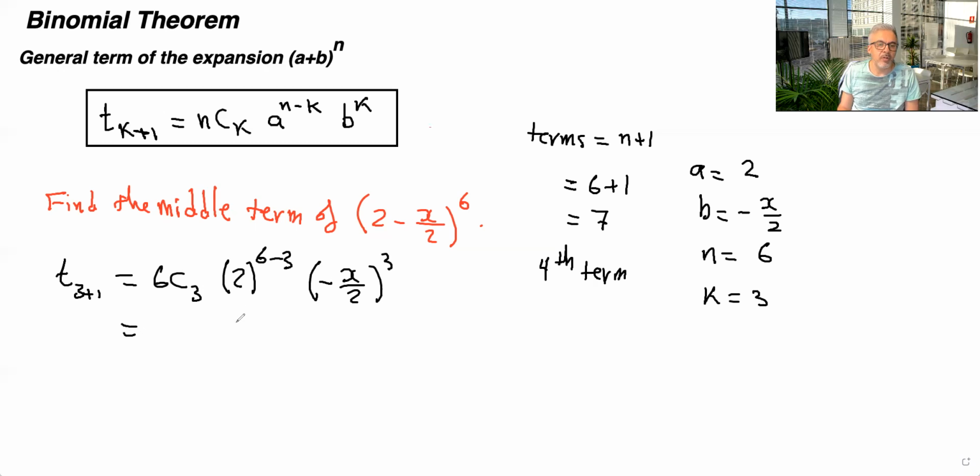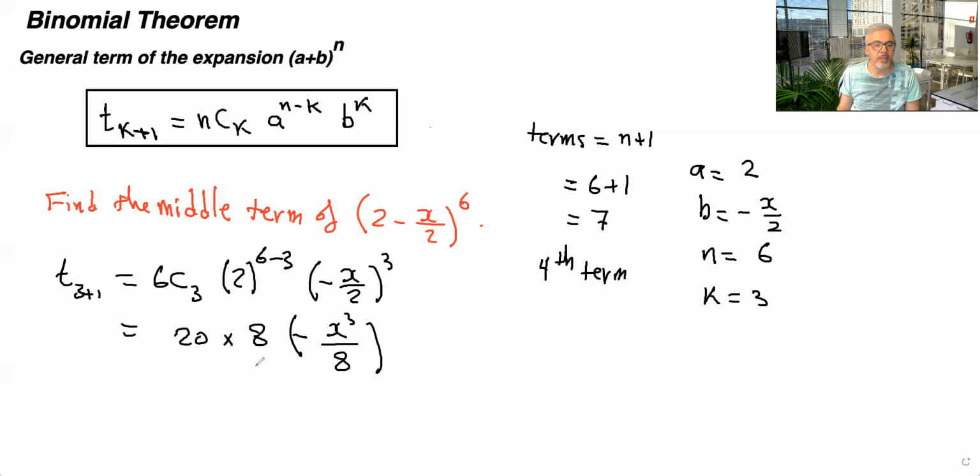Now, this becomes 2 to the 3, which gives you 8. And here, make sure you distribute the exponent onto the x and onto the 2. So x is going to give you x cubed, and the 2 is going to be 2 to the 3, which is 8. And then 6 choose 3 is 20.